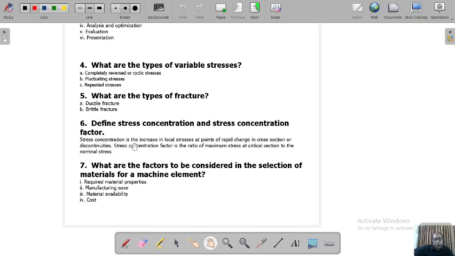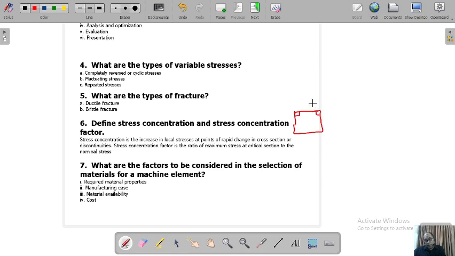Stress concentration is the increase in local stresses at any point of rapid change in the cross section or discontinuities. For example, if we have an object like this, this corner here is 90 degrees, this is 90 degrees.